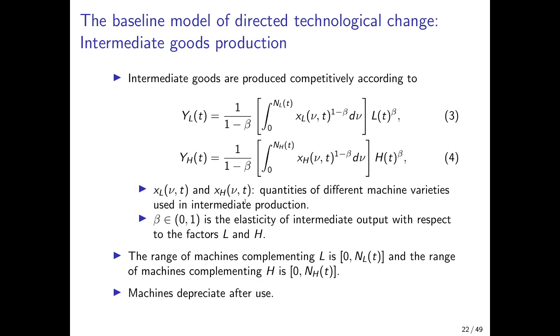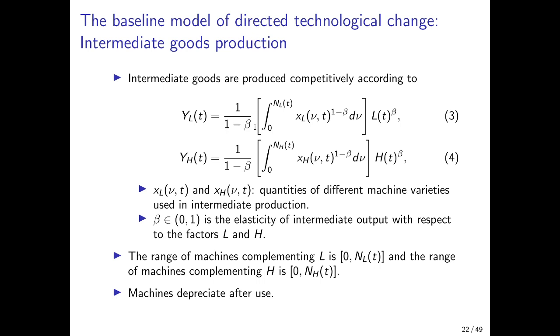The x's here are the quantities of the different machines used in production. And one crucial assumption in the model is that machines depreciate after use, so that we can very much simplify the dynamics here. So there is depreciation after use, so we don't have to sketch out all the dynamics of the capital stock in the model.